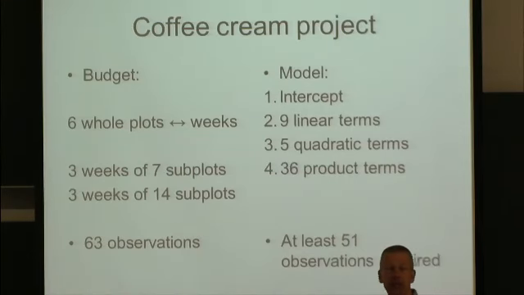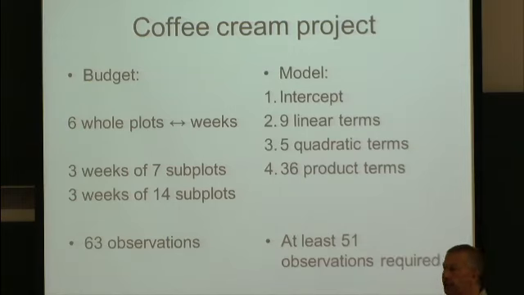Now there was also a budget, and this budget was that we had room for only 6 weeks of experimentation. And these 6 weeks coincide with the whole plots, because at the beginning of the week people can do everything about the whole device to make this coffee cream, and then it had to be in action for a whole week.